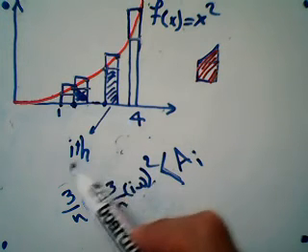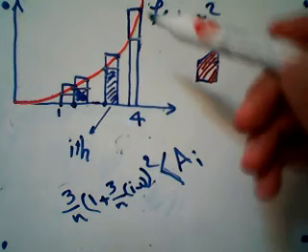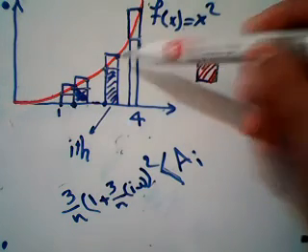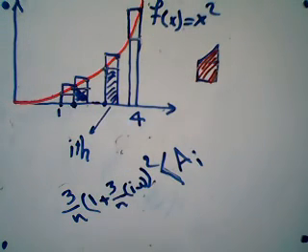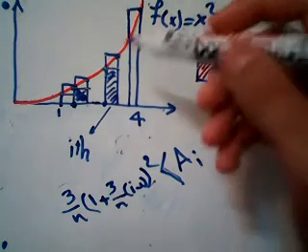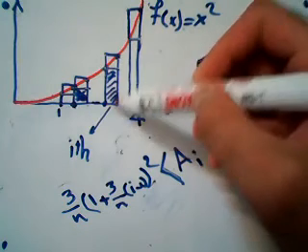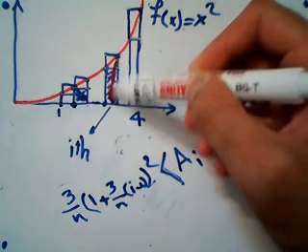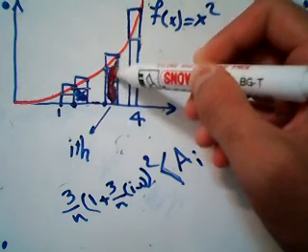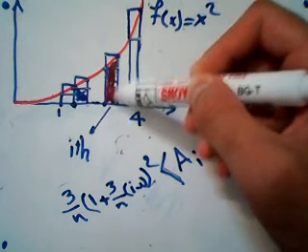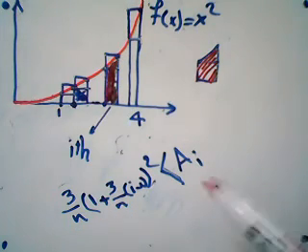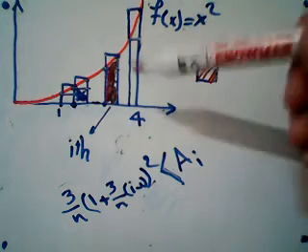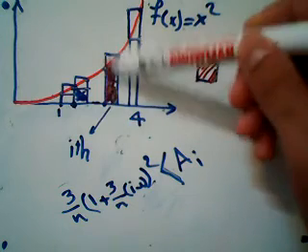And this time, for instance, for the ith interval, the area under the parabola for this subinterval, which is the area of here, is smaller than the area of this rectangle.